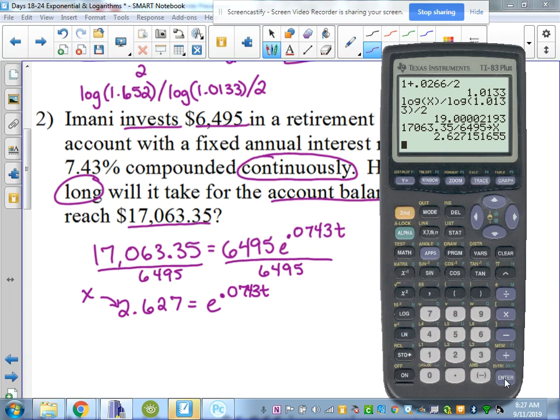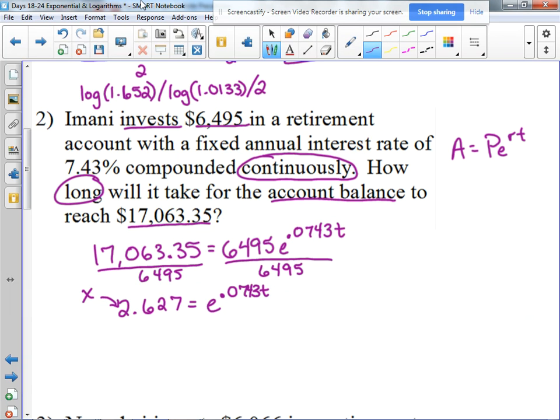All right, so exponential is by itself, so next step is log form. It's base E, so it's natural log. That's nice because now I don't have to worry about change of base. The natural log of 2.627, the number I have stored as x, is equal to 0.0743t.